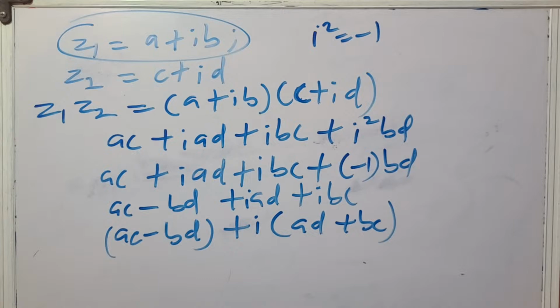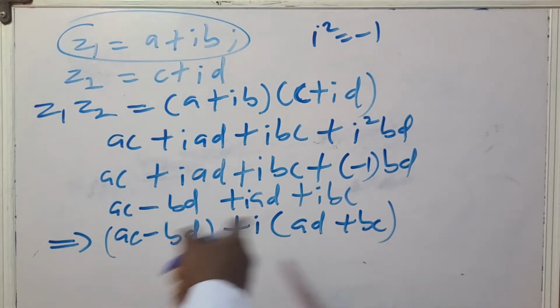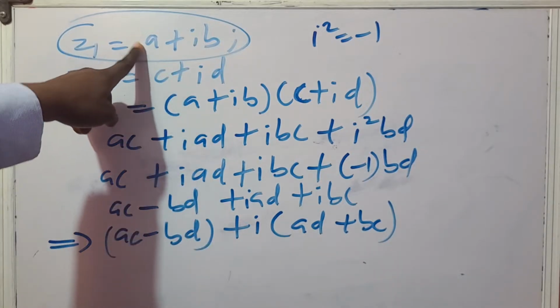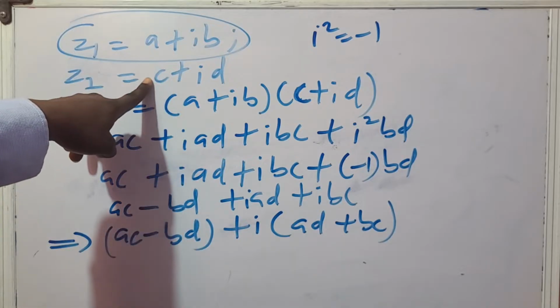Now, looking at the long multiplication we did, you can decide to just understand how this happens and always use this. When I'm trying to multiply any two complex numbers, A represents the real part of complex number 1, C represents the real part of complex number 2.